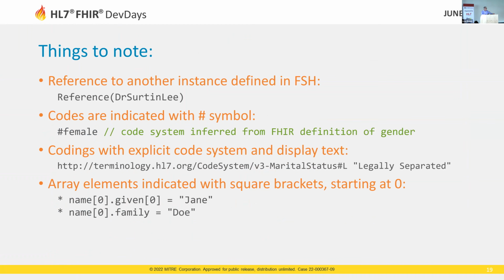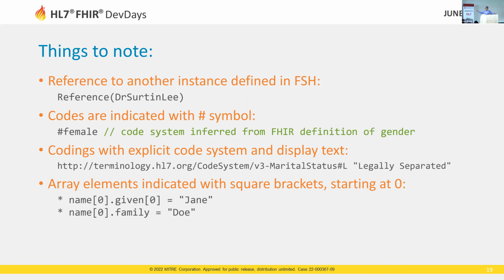Now, in other cases, you need to specify both the code system and the code. And we provide a shorthand for doing that. It's simply the code system, the hash sign or pound sign, and then the code. So in this case, we took a code from that marital status value set.